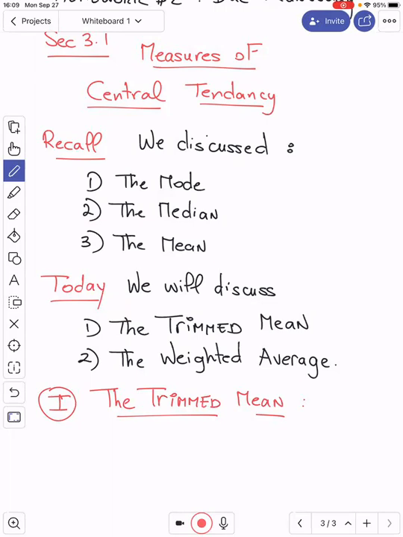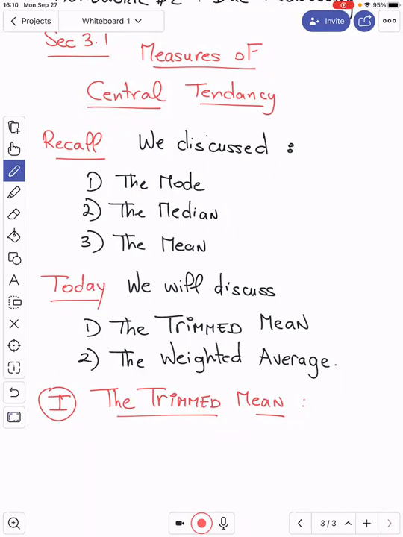Like in homework number one, problem number two, we have the salary of the CEO, which of course is much higher than the salary of the other employees, right? So sometimes it's better to remove some exceptional values from the data set to have a mean which is a better representative of the data set.